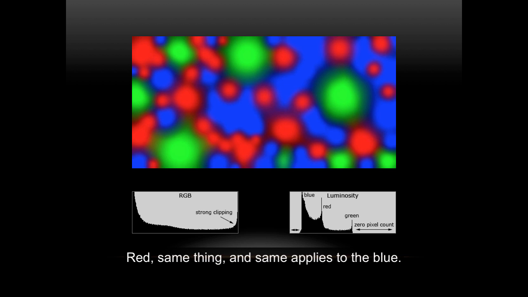Red, same thing, and same applies to the blue. So if you looked at the RGB histogram, you would see significant clipping occurring. That would indicate that our image is significantly overexposed. It's blown out. In the luminosity histogram, you would see something quite different.